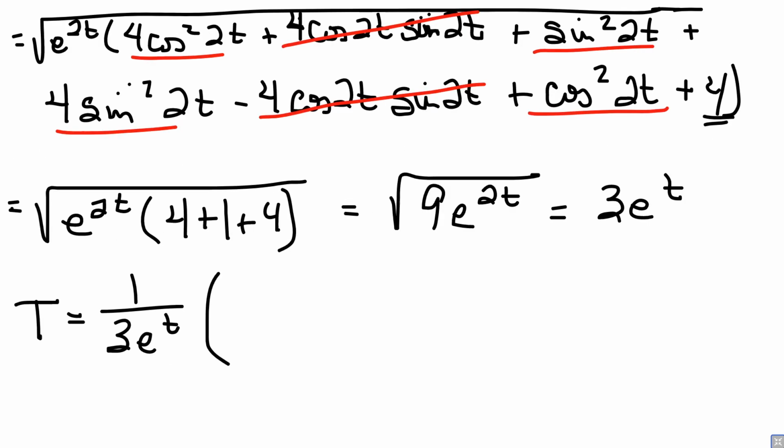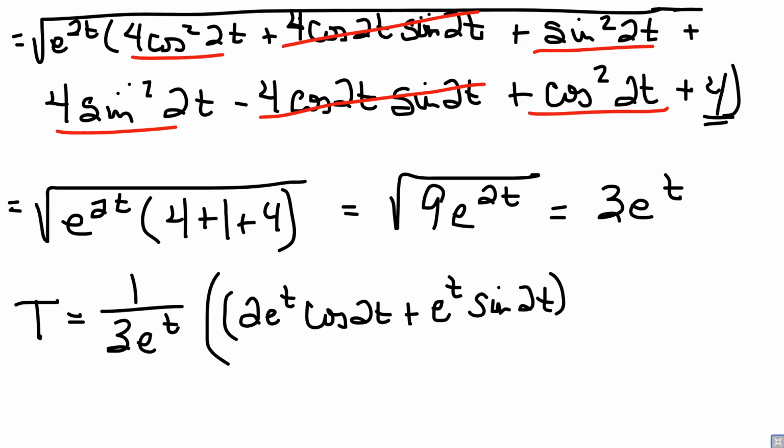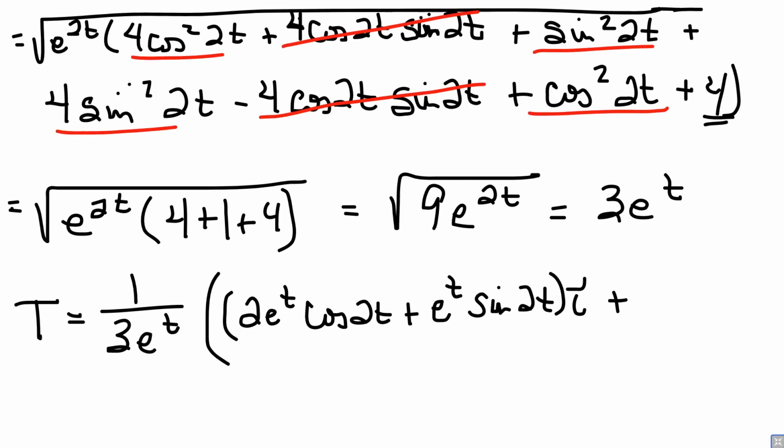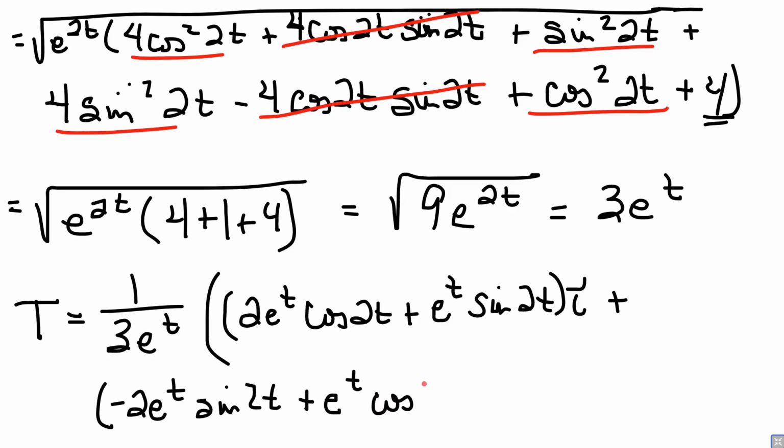So we have 2e to the t cosine of 2t plus e to the t sine 2t in the i direction, plus, then I've got negative 2e to the t sine 2t plus e to the t cosine of 2t, excuse me, I forgot the j direction, plus 2e to the t in the k direction. Any questions there?